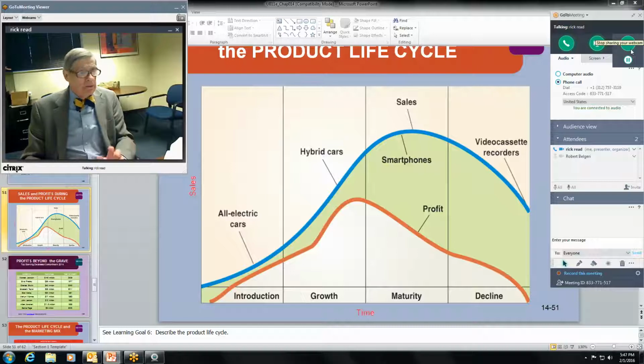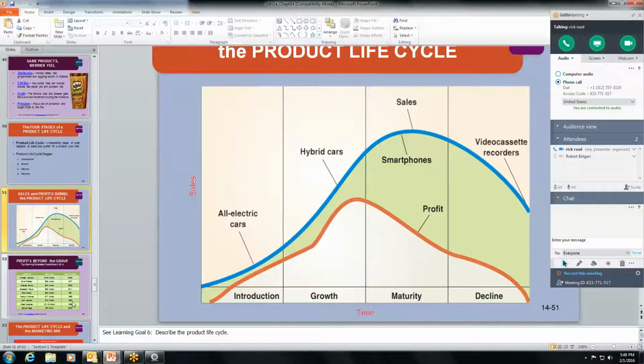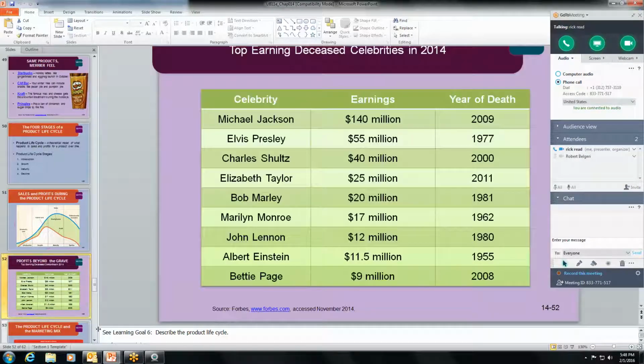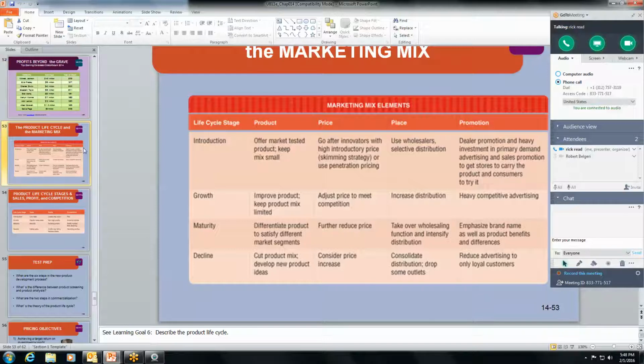Now, we know there's some differences. This is just my feeling. I may not be right, but certainly that's something that I think is happening today, because we're seeing more hybrid cars, and we're beginning to see more all-electric cars, and we'll continue to see more of them as we move along.